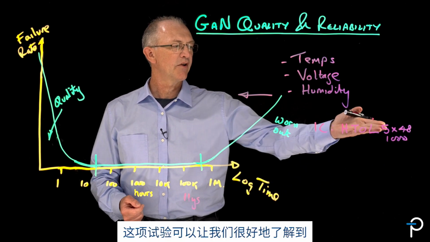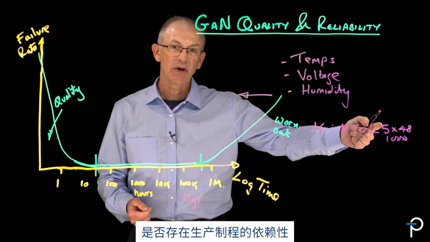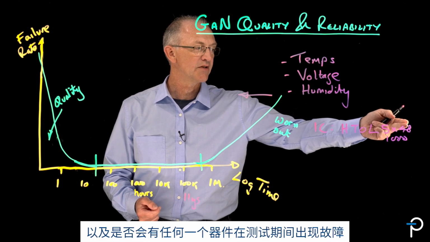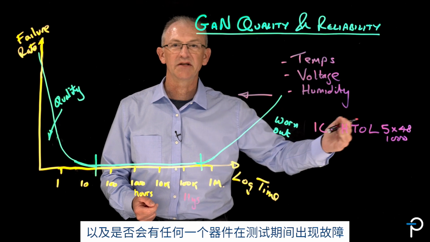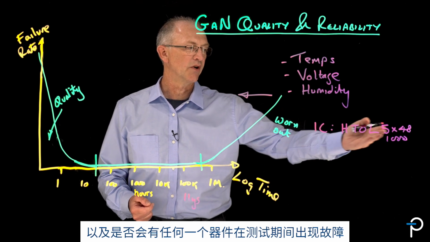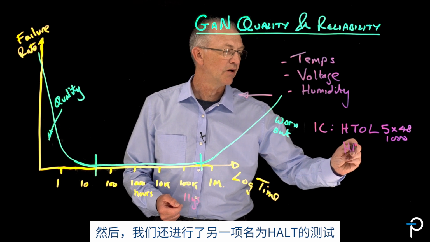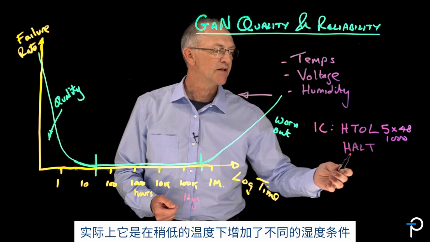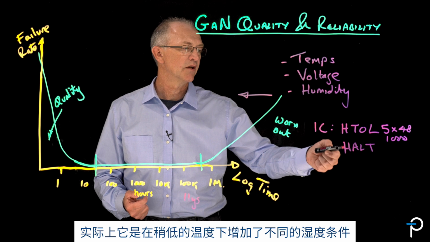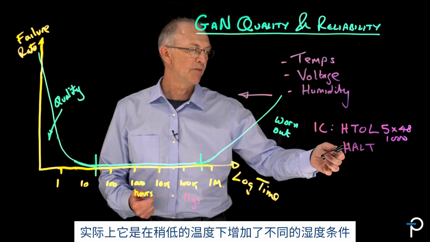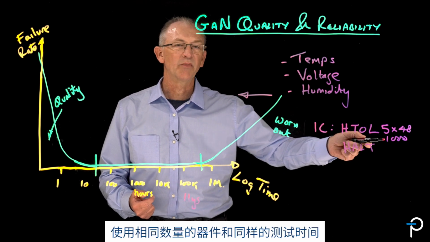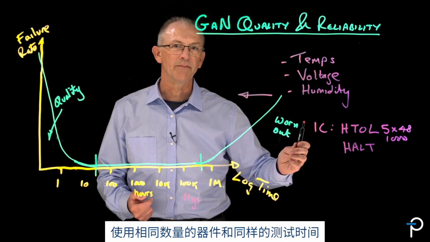And that gives us a very good view of whether there is a process dependency and whether any one of these devices has been exercised into failure during a test. And then there's another test we do called HALT, which applies a different, in fact, increased humidity at a slightly lower temperature using the same number of parts for the same amount of time.